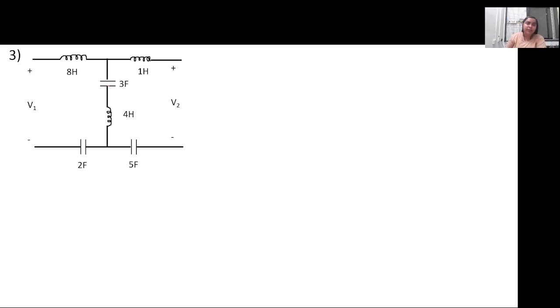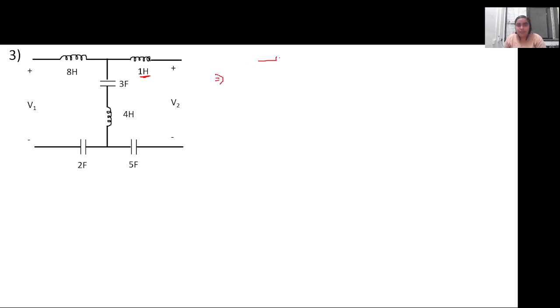There will be integral and differential equations with respect to the capacitor and the inductor, right? So instead of that, to solve circuits where the values are given in terms of individual elements, for example inductor in Henry or capacitor in farad, you will write it in the S domain.